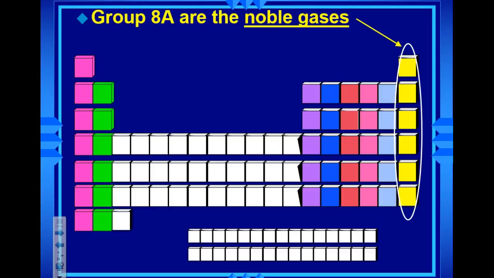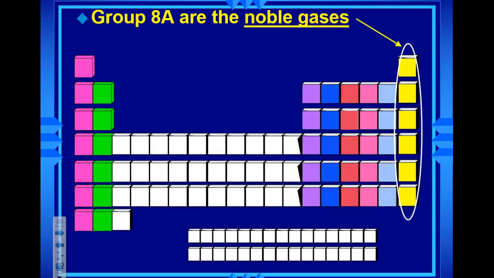Do you remember the noble gases? What do you remember about the properties of a noble gas? The name gives something away. Everyone wants to be with a noble gas or be a noble gas. Why? Because I think they have all their electrons to match up. Yes.